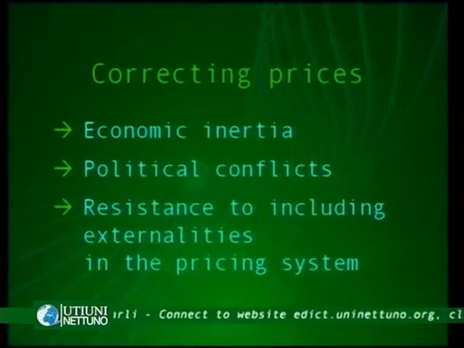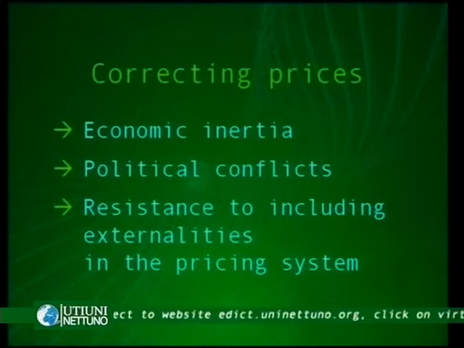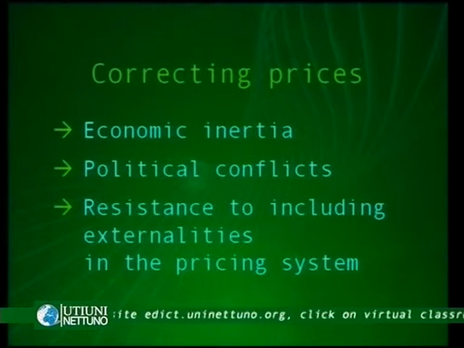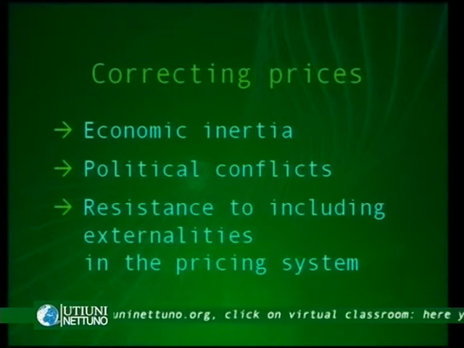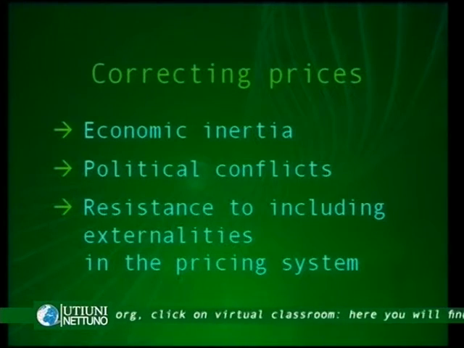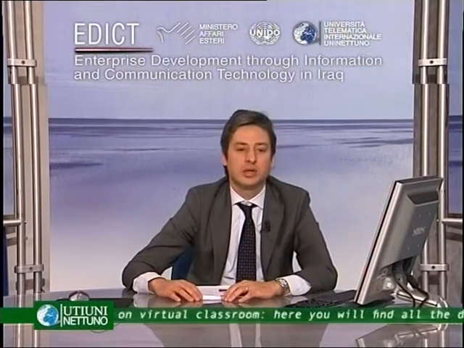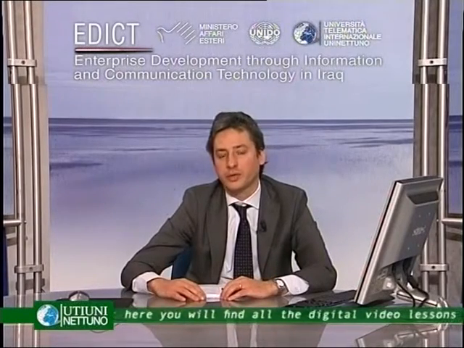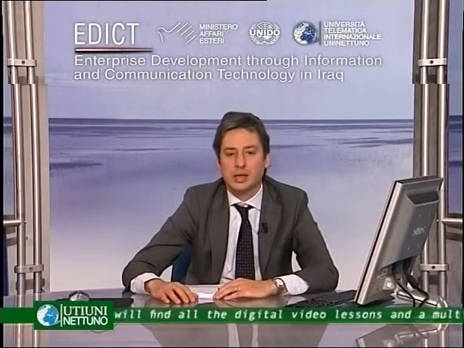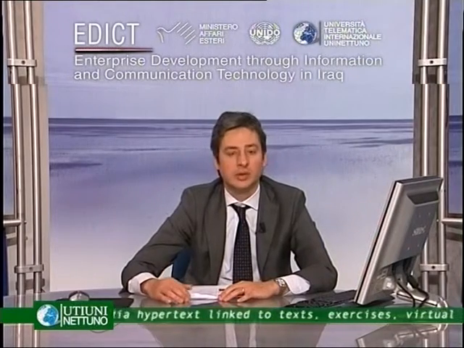And there is a general resistance to include externalities in the pricing system, because this typically implies higher cost for a product or for a firm. Typically when you have a regulation for pollution that charges some cost, for example, for the disposal of the products that a company sells, this changes the cost structure of the production of that particular good, and this is clearly an important consequence for the profitability of the company.